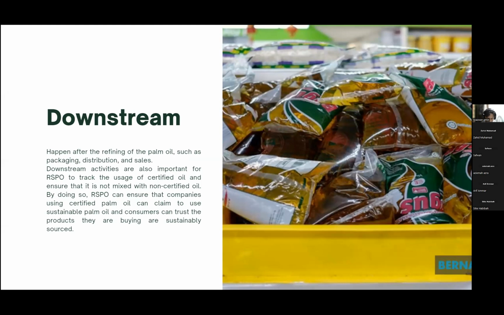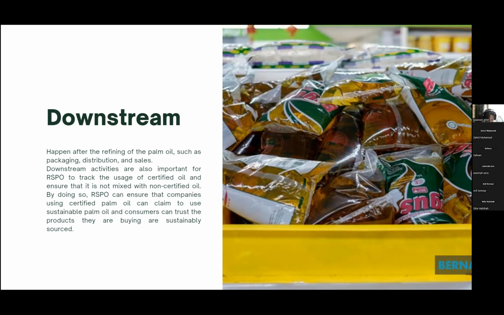Downstream activities are also important for RSPO to track the usage of certified oil and ensure that it is not mixed with non-certified oil. By doing so, RSPO can ensure that companies using certified palm oil can claim to use sustainable palm oil and consumers can trust the products that they are buying are sustainably sourced.